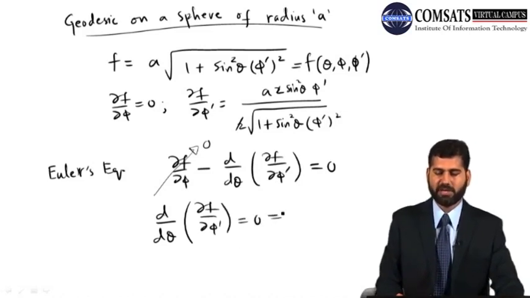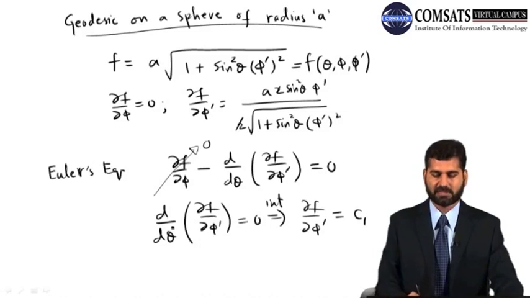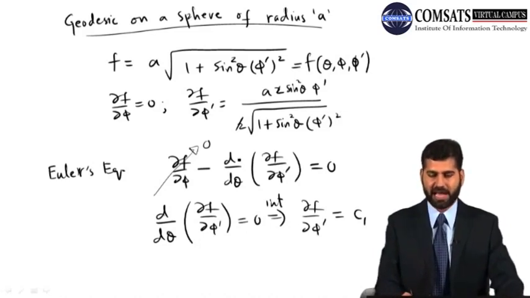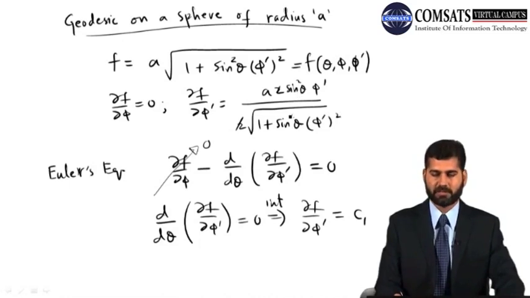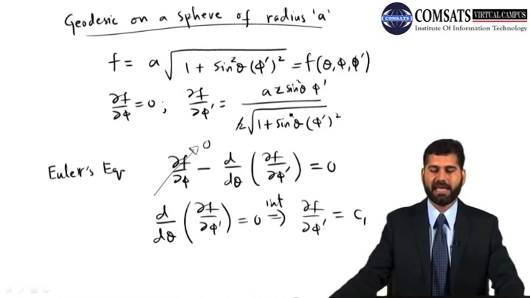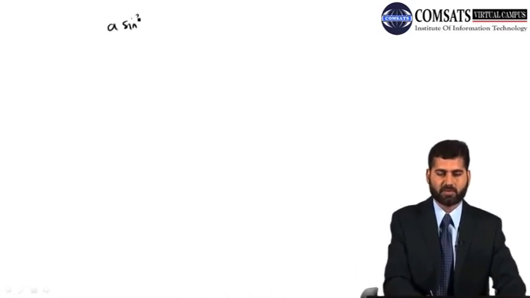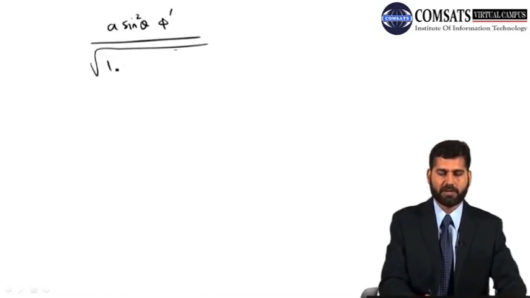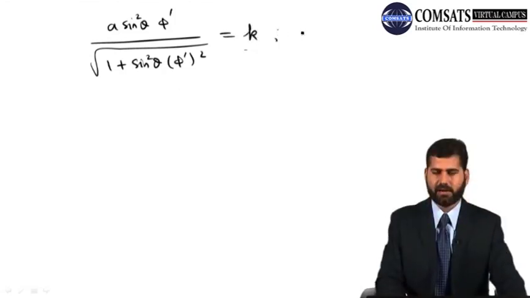So from here, if you integrate, you will get partial f by partial phi prime equal to a constant, because the derivative is gone. Now we have the expression for partial f by partial phi prime, which is this one. So a sine square theta phi prime over the square root of 1 plus sine square theta phi prime square is equal to a constant, k.